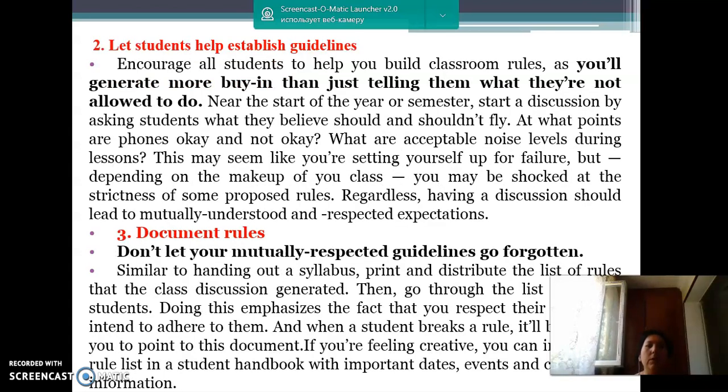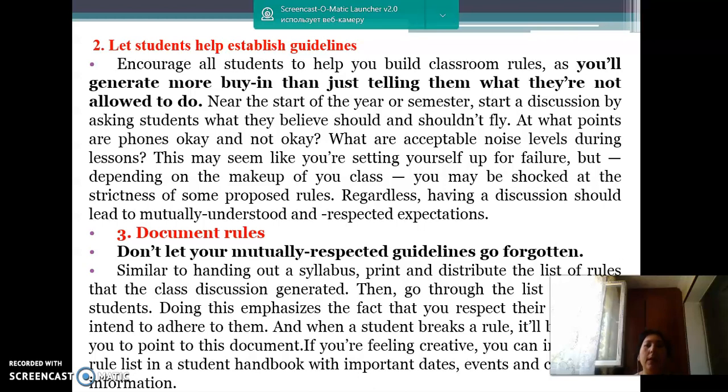The second strategy, let students help establish guidelines. Encourage all students to help you build classroom rules, as you'll generate more buy-in than just telling them what they are not allowed to do. Near the start of the year or semester, start a discussion by asking students what they believe should and shouldn't fly. At what points are phones okay and not okay?